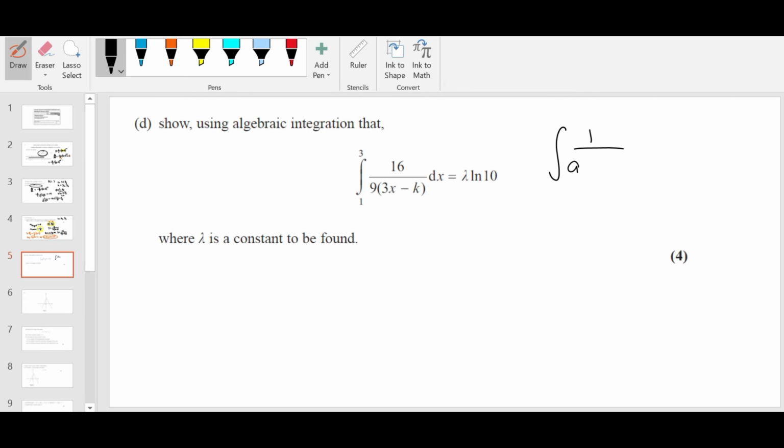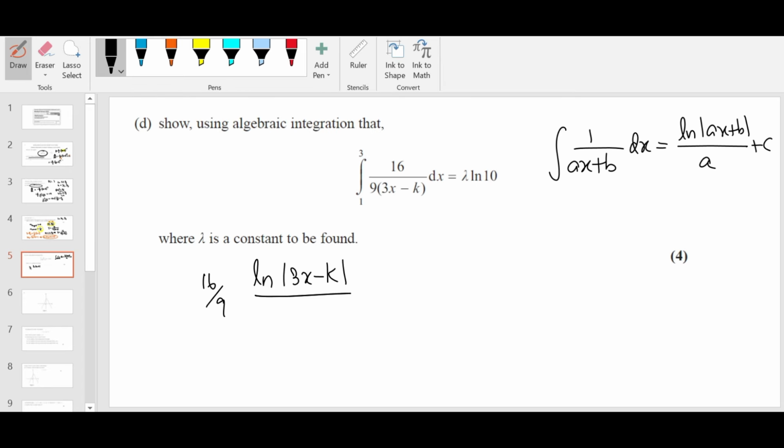Integral of 1 over a linear function dx is equal to ln modulus the linear function divided by the coefficient of x plus c. So in this case you can keep 16/9 outside, ln modulus 3x minus k divided by the coefficient of x.